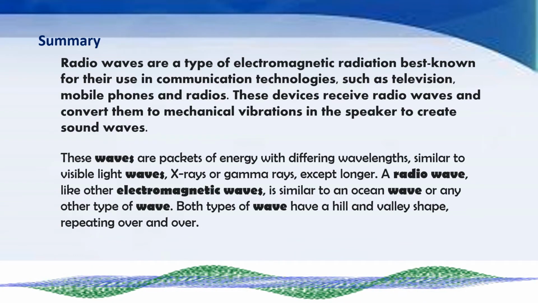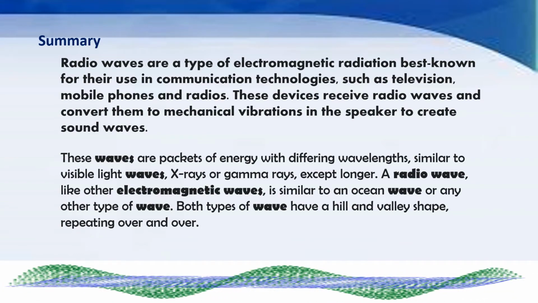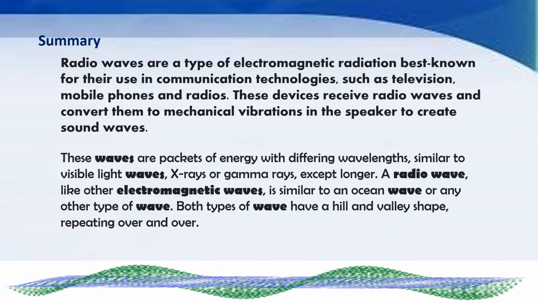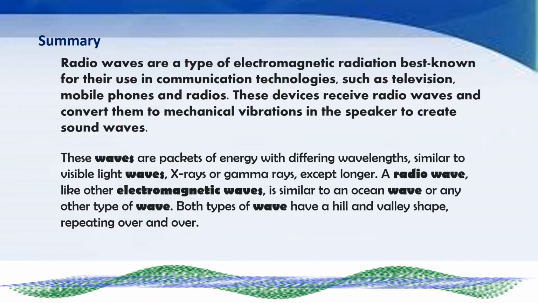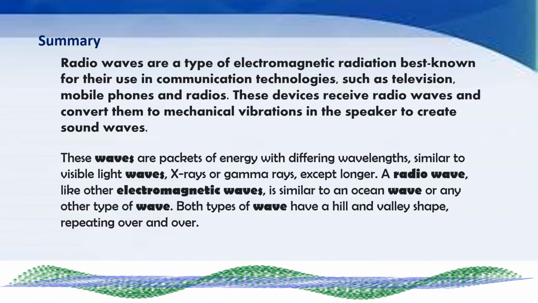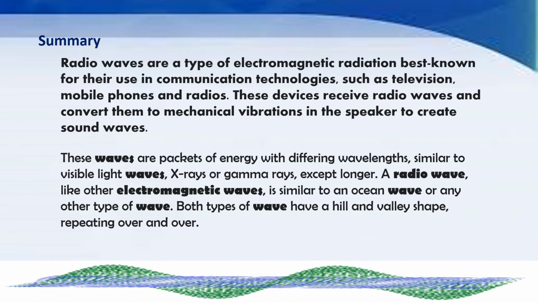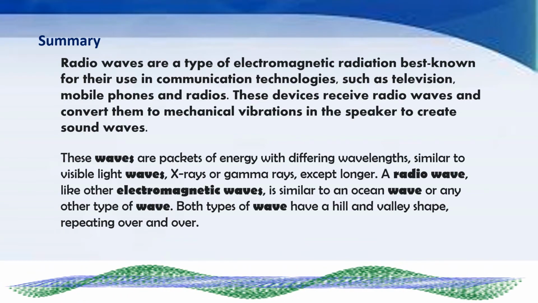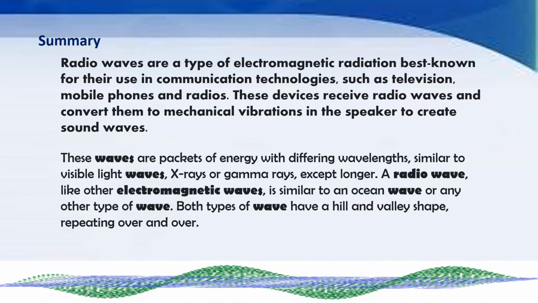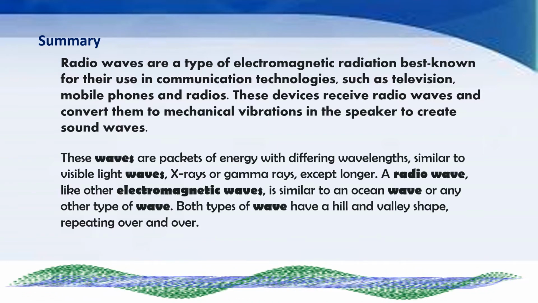To sum it up, radio waves are a type of electromagnetic radiation best known for their use in communication technology such as television, mobile phones, and radios. These devices receive radio waves and convert them to mechanical vibration in the speaker to create sound waves.